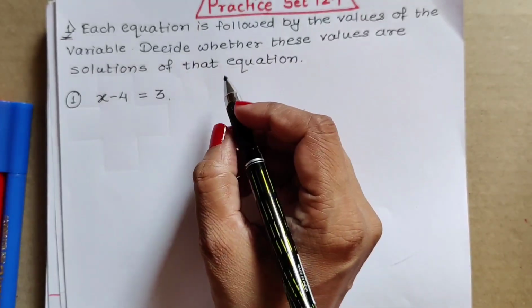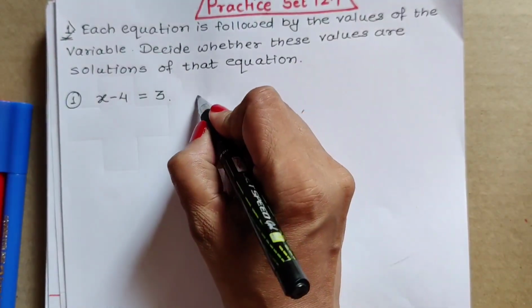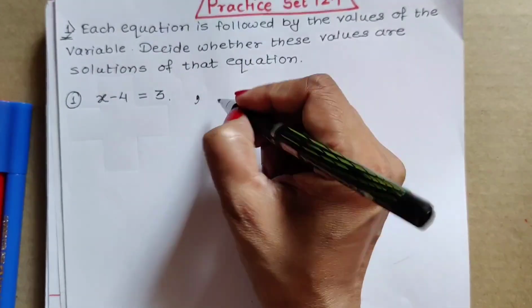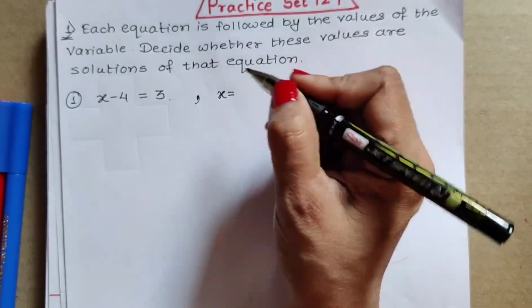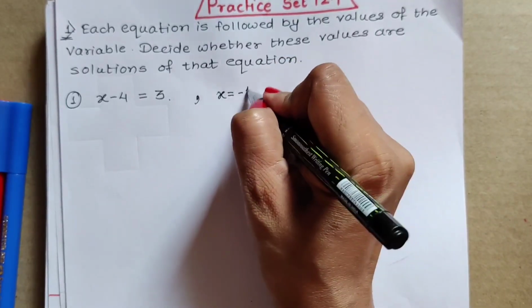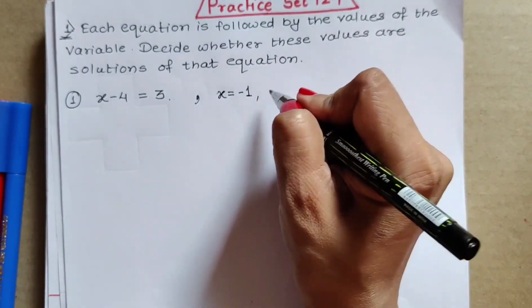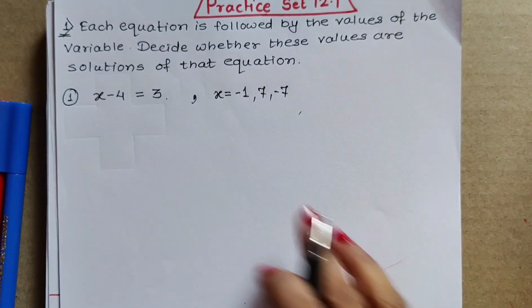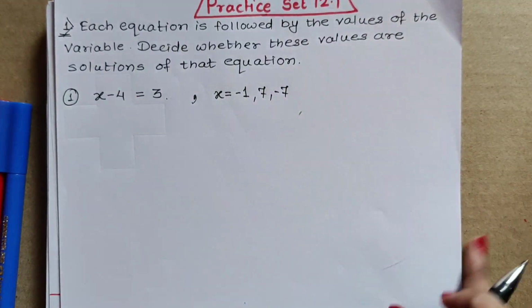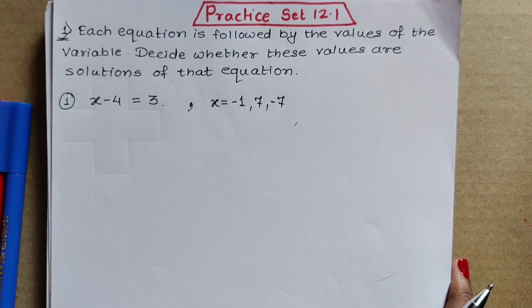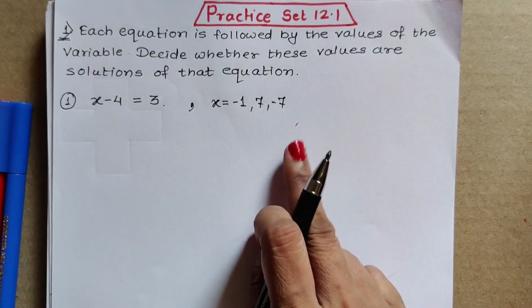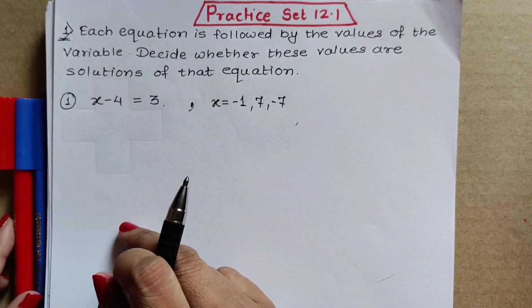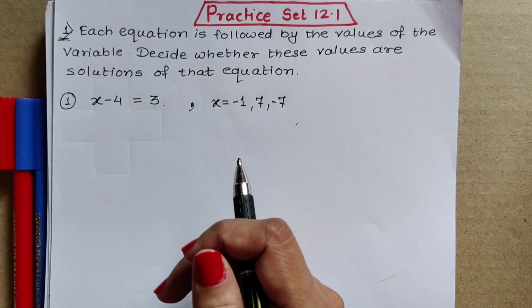In this equation we have been given three values of x, that is the variable: x is -1, 7 and -7. From these three values we have to decide which value is the solution of the equation.